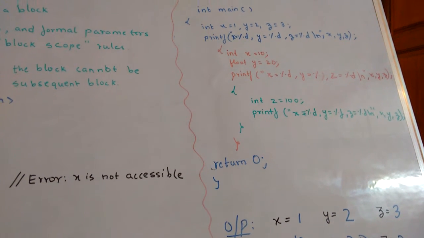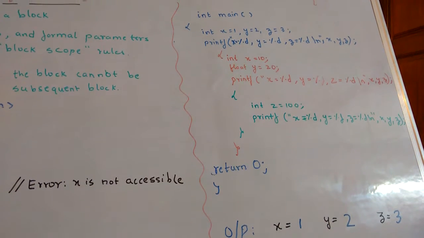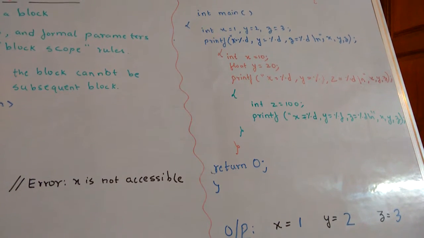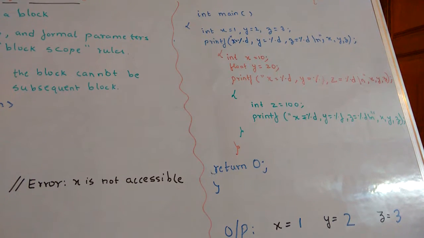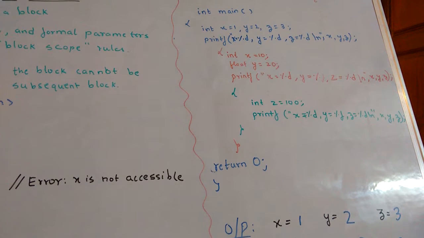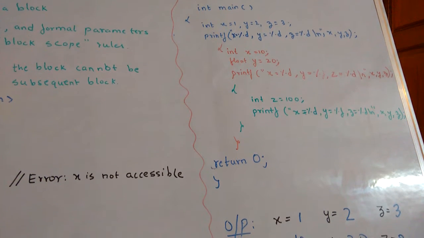Within the main function, I have int x equal to 1, y equal to 2, z equal to 3. And then in the same block I am trying to print x, y and z. That's not an issue. I would be printing 1 for x, 2 for y and 3 for z.